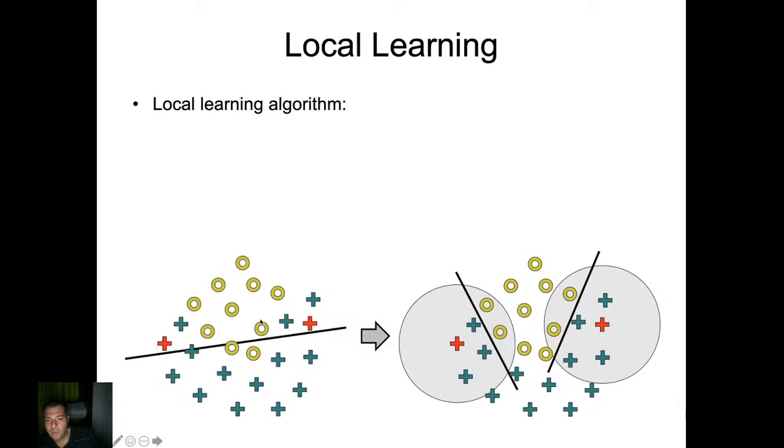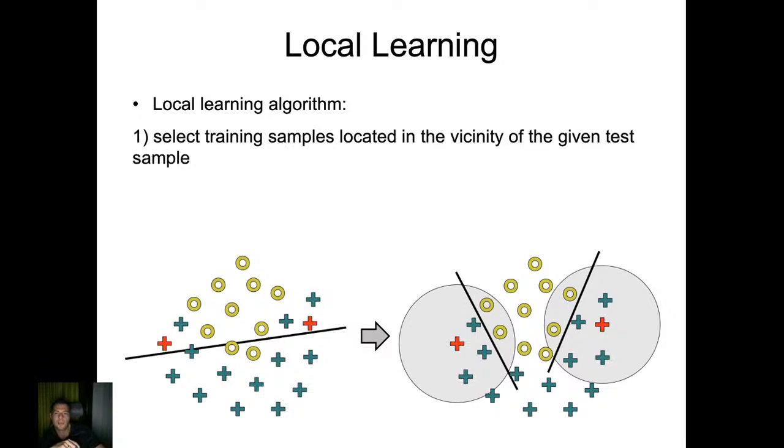If you try to obtain an optimal separating hyperplane, these two test samples will be labeled incorrectly. But if you apply k nearest neighbor, you will find these points in the vicinity and then apply a linear model for this example, you will be able to separate the pluses from the circles, and you obtain a correct class for this test sample. And the same thing happens here. So this is just to illustrate why the idea of local learning might be useful in practice.